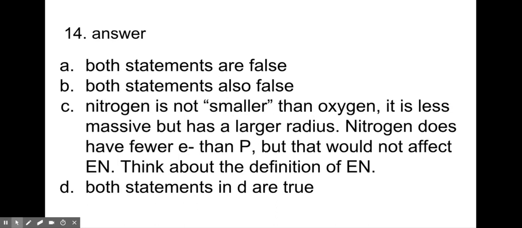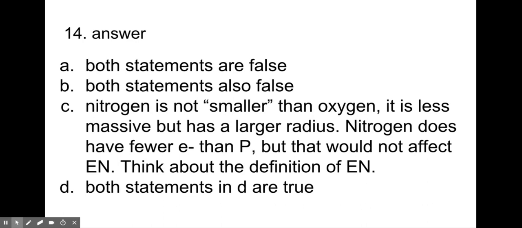In C, it says that nitrogen is smaller than oxygen. It's not really smaller. Its radius is actually a little bit larger. And it is less massive, but that mass change is not going to be affecting its electronegativity. Nitrogen does have fewer electrons than phosphorus.